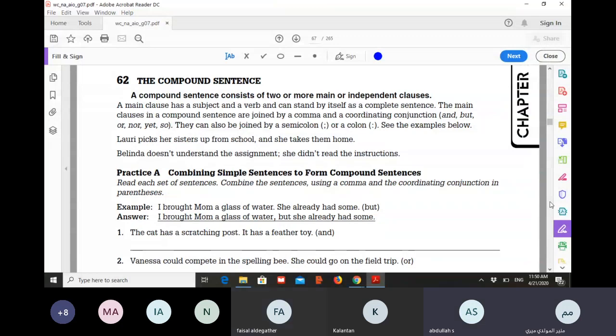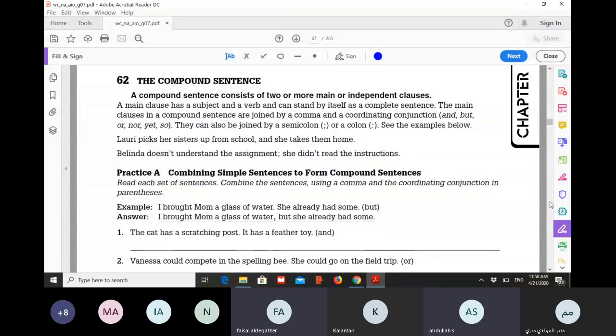They can also be joined by a semicolon or a colon. See the examples below.